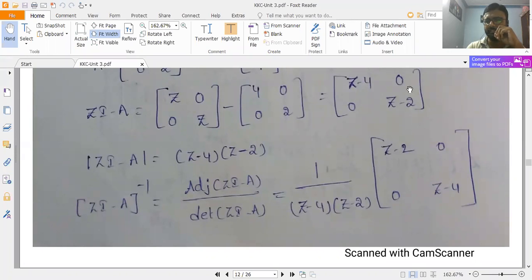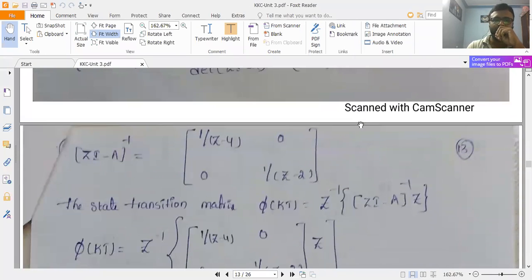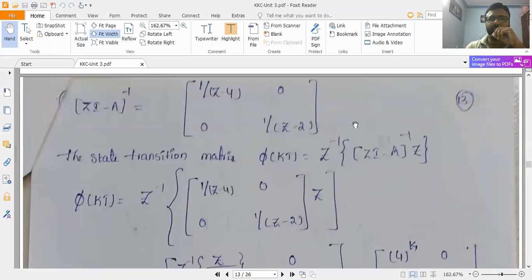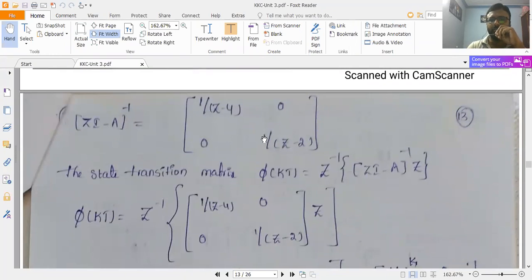So the values are 0, there is no need to exchange the signs. (zI minus A) whole inverse is going to be obtained as [1 divided by (z minus 4), 0; 0, 1 divided by (z minus 2)], and the state transition matrix we are going to obtain is (zI minus A) whole inverse into z.